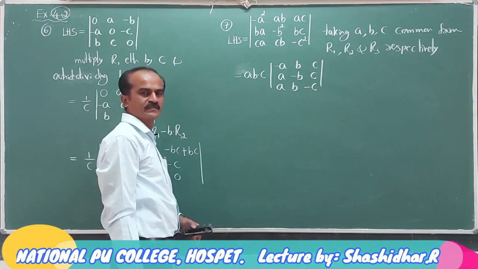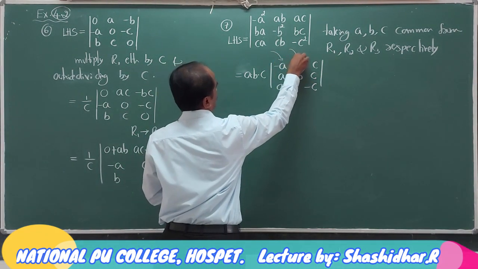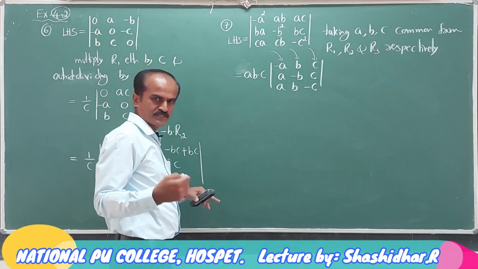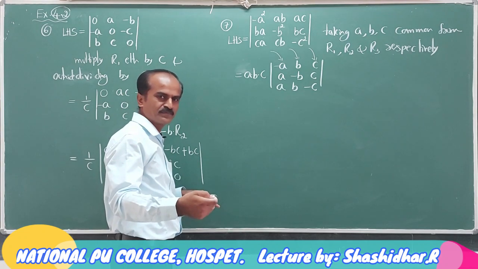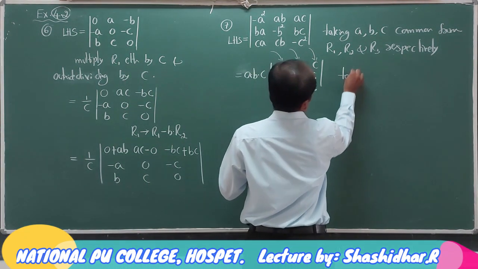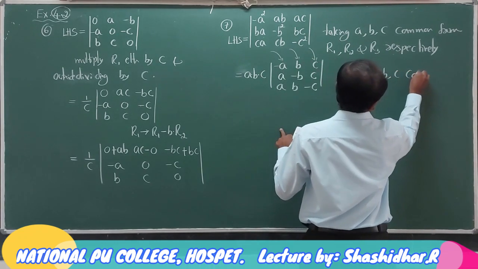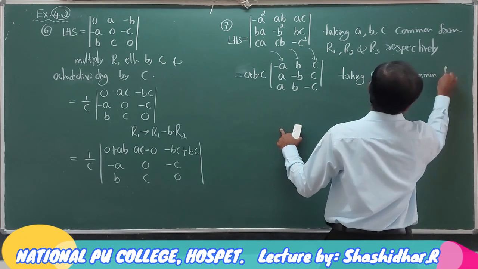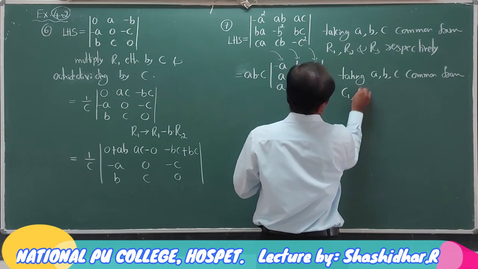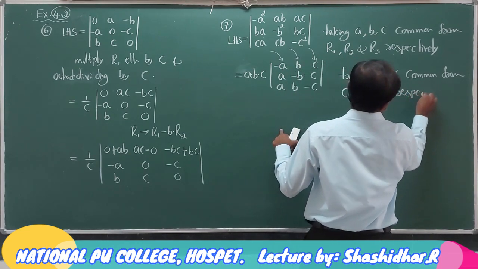Observe the elements again. Not row wise, column wise you observe. The first column is multiples of A, second column multiples of B, third column multiples of C. So again I write, taking A, B, C common from C1, C2 and C3 respectively.